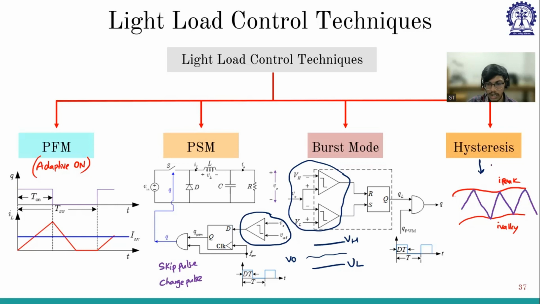So this is another light load control architecture, not so popular. The most popular architecture is the adaptive on time pulse frequency modulation, because the frequency is variable. So they call it pulse frequency modulation. And one such thing is adaptive on time. So this is the background story of adaptive on time, and we'll discuss more on this PFM.